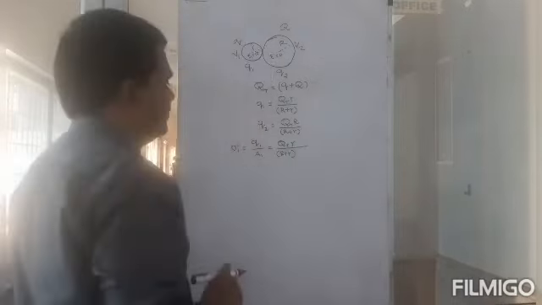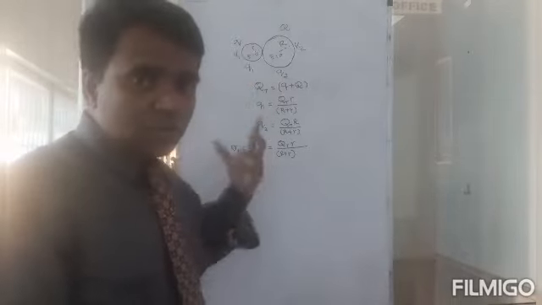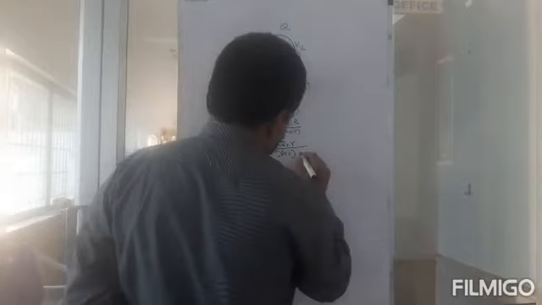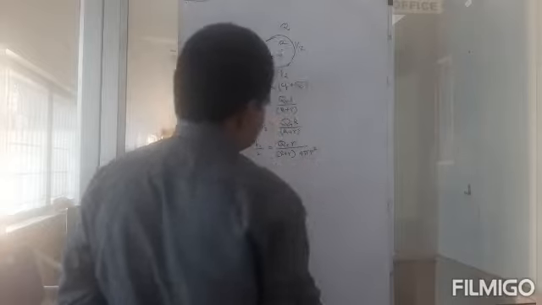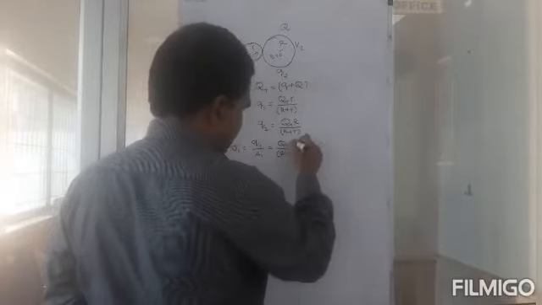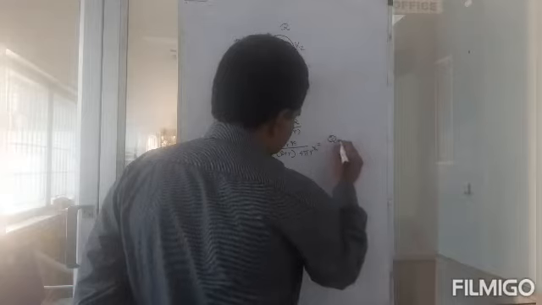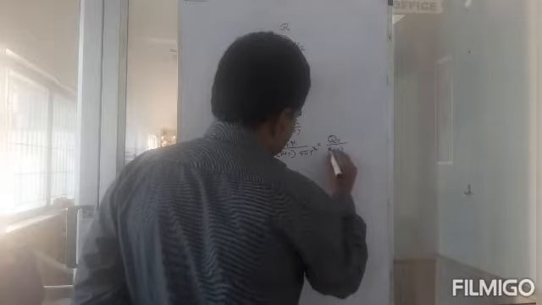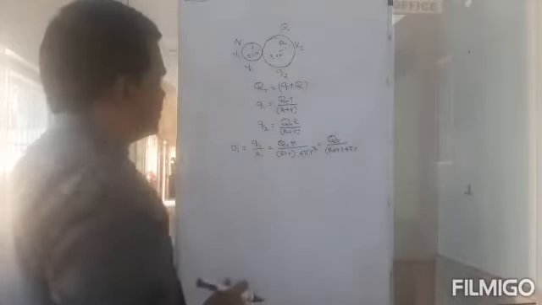Then I need to divide the whole thing by the area. What is the surface area of a sphere? 4 pi r squared. So that gives me, after cancelling this r with the r squared, Qt by R plus r into 4 pi r. That is sigma 1.